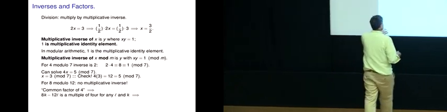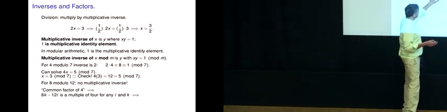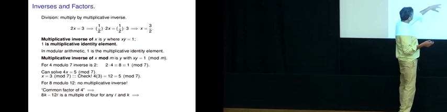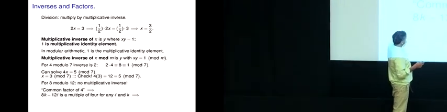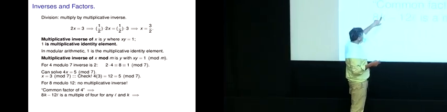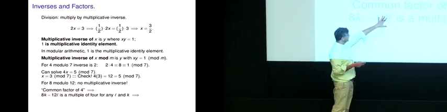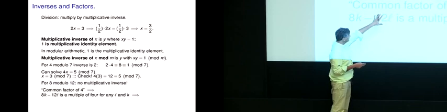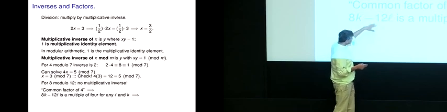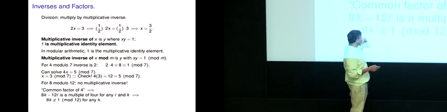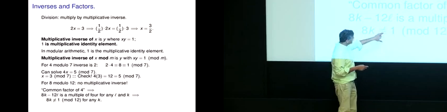8k minus 12l, right? For k to be the multiplicative inverse, you have to be 1 away from an integer multiple of 12. That's what this is saying. So this is always a multiple of 4. So 8k can't equal 1.